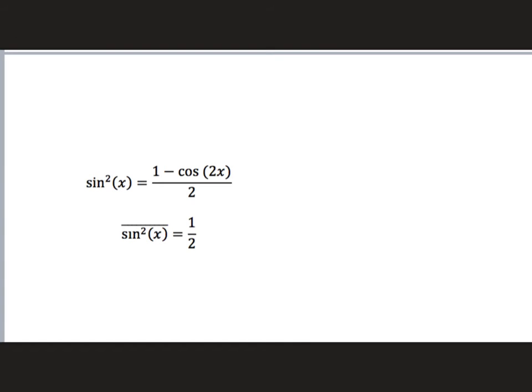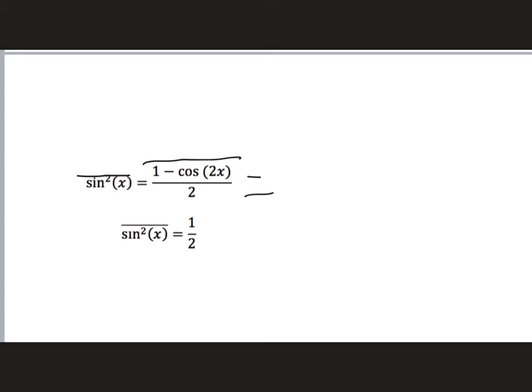Okay, so let's look at the sine squared. You might remember from trig that there is an identity that the sine squared of something is equal to 1 minus the cosine of 2x all divided by 2. And so if I want to take the average of sine squared, that's the same as taking the average of that guy.